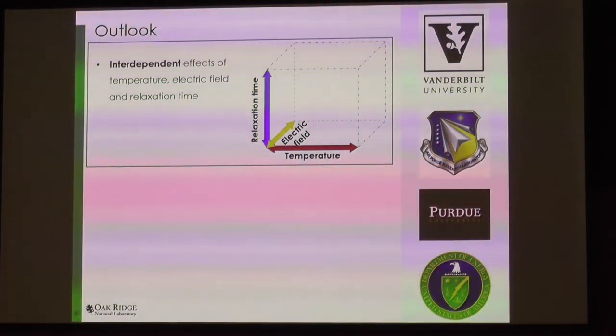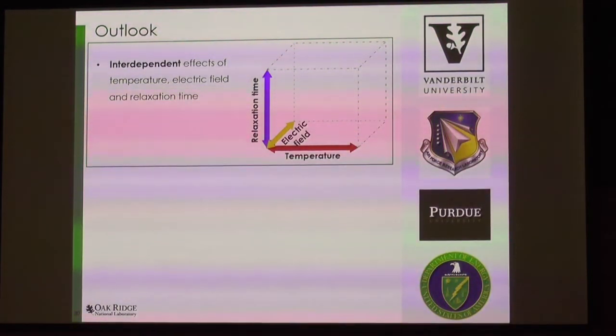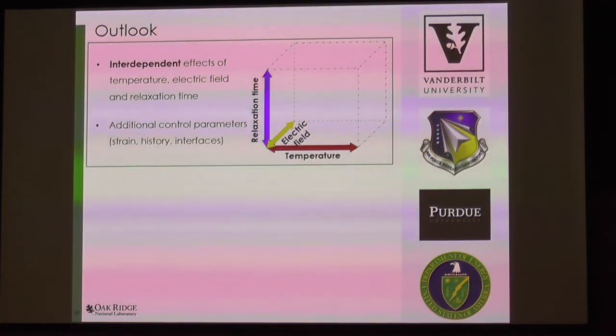So it would be good to map out at what fields, at what temperatures, and what relaxation times we can reliably access those transitions and intermittent regimes between ferroelectric and ionic polarization switching. Also, in the next step, there are some other control parameters that could have an impact, for example strain, then even the field history, sample geometry, and internal and external interfaces.